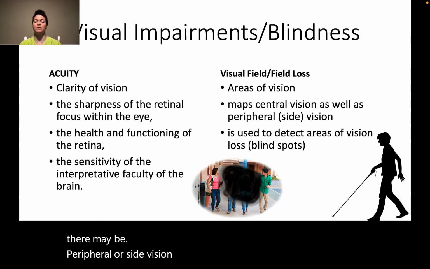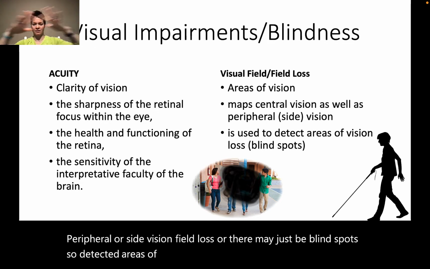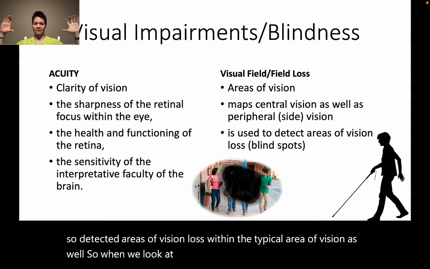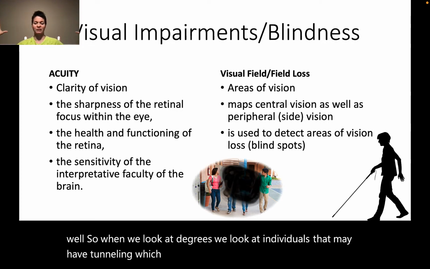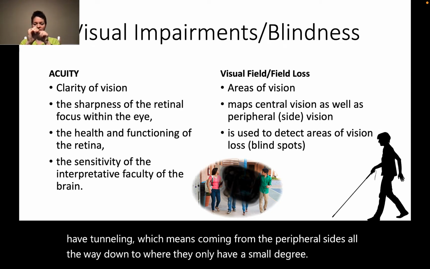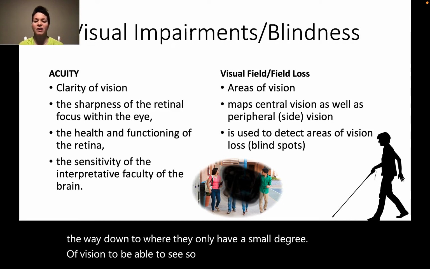Or there may just be blind spots, so detected areas of vision loss within the typical area of vision as well. So when we look at degrees, we look at individuals that may have tunneling, which means coming from the peripheral sides all the way down to where they only have a small degree of vision to be able to see. So that's the tunneling of their vision.